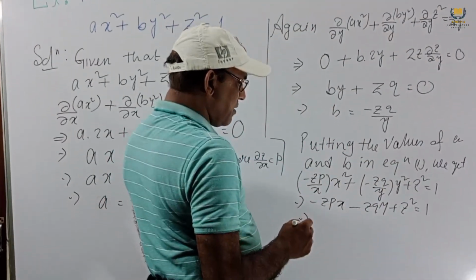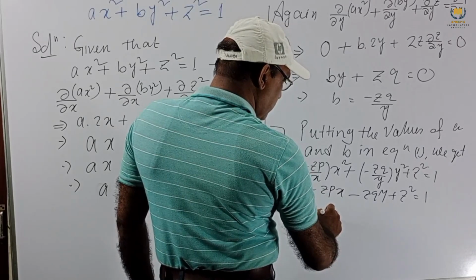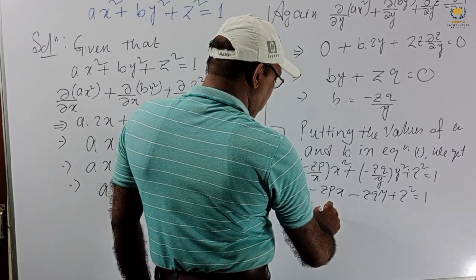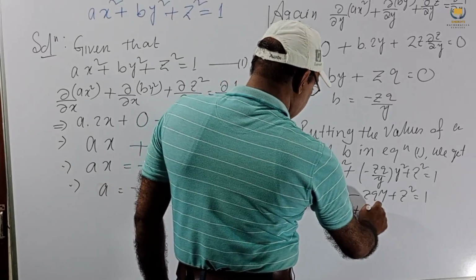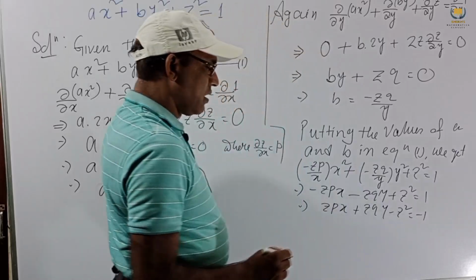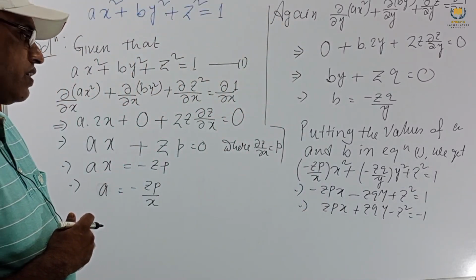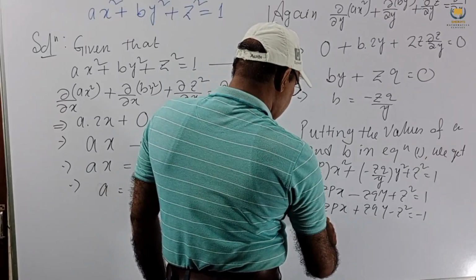Multiplying both sides by minus sign, then we get zpx plus zqy minus z square equal to minus 1.